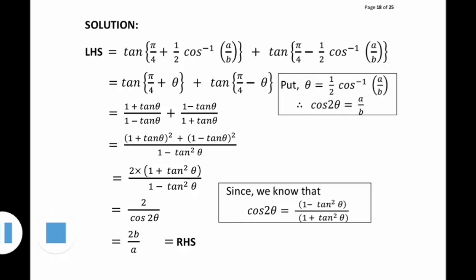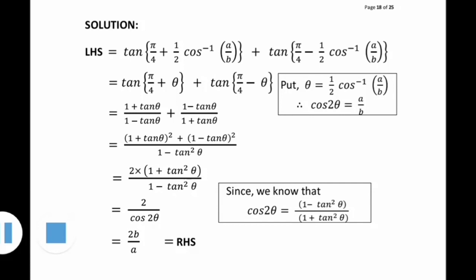After substituting tan pi by 4 equals 1, we have 1 plus tan theta whole divided by 1 minus tan theta plus 1 minus tan theta whole divided by 1 plus tan theta, and after simplification we get the fourth step: 1 plus tan theta whole square plus 1 minus tan theta whole square whole divided by 1 minus tan square theta. Then accordingly we get 2 into 1 plus tan square theta whole divided by 1 minus tan square theta.